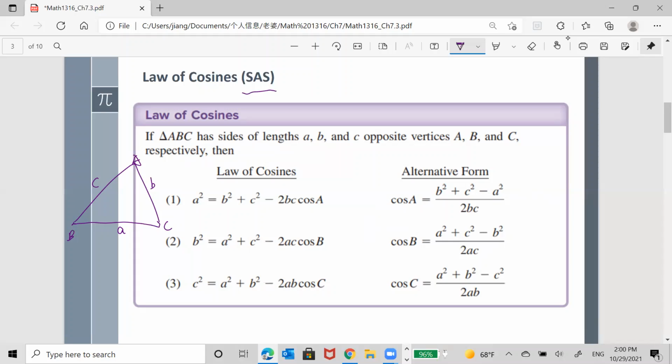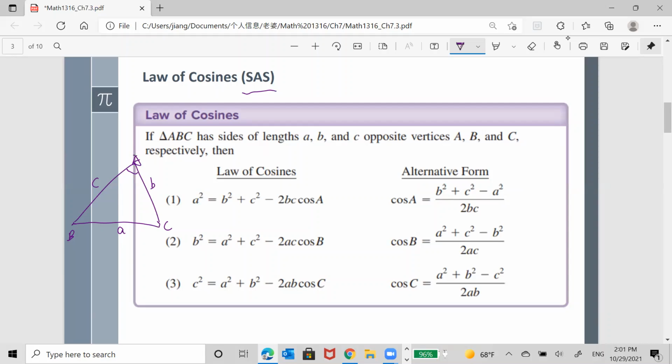If we are looking for the side a, and the given information is b, c, and angle A, that means side, angle, side, so we can find a by the law of cosines. a squared equals b squared plus c squared minus 2bc times cosine A.